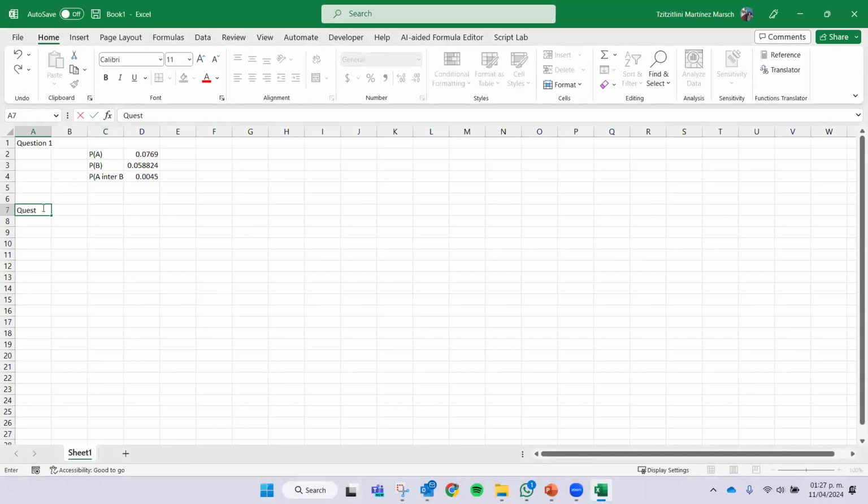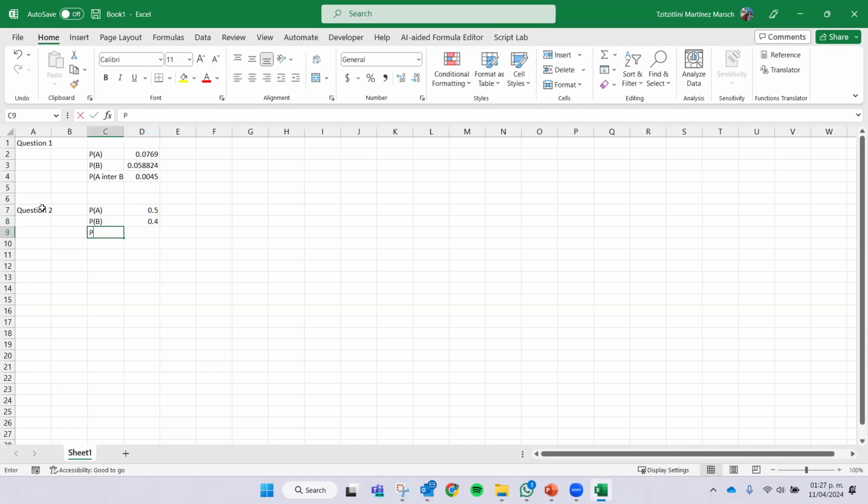So it's question 2. We have the probability of A, the probability of B. Okay, the probability of A, if I'm not mistaken, was 0.5. The probability of B is going to be 0.4.